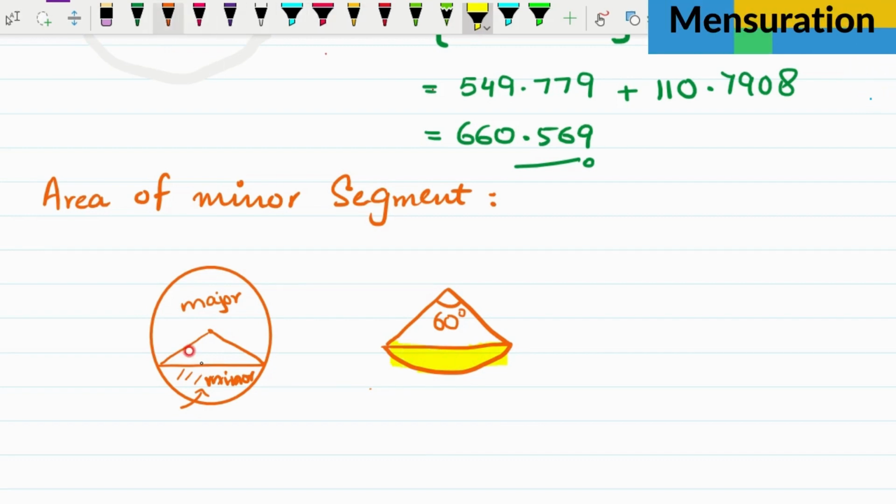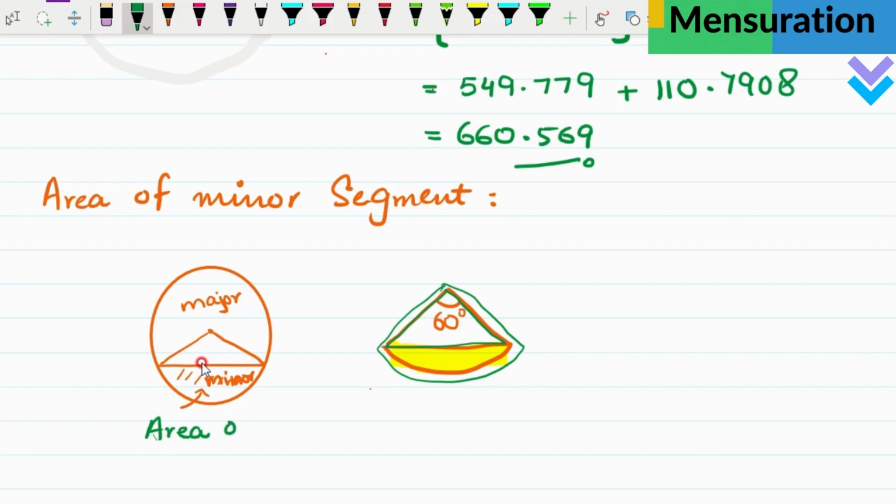So basically, how can we calculate it? We can calculate the area of the whole pizza slice, and then calculate the area of this triangle, and subtract one from the other. So let me start.